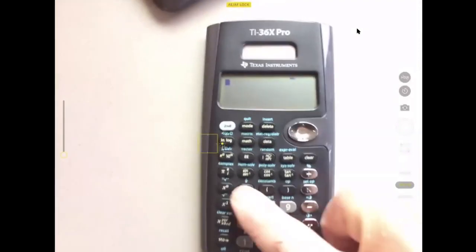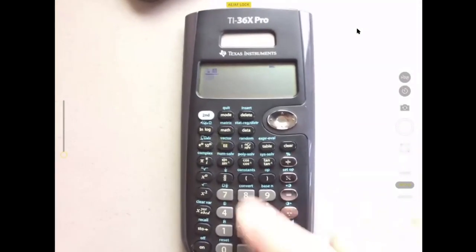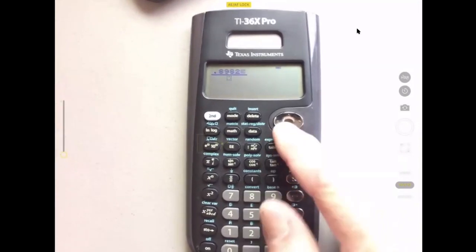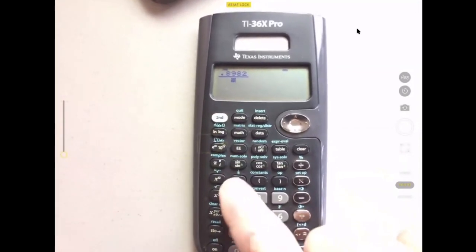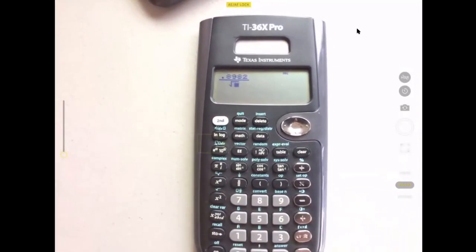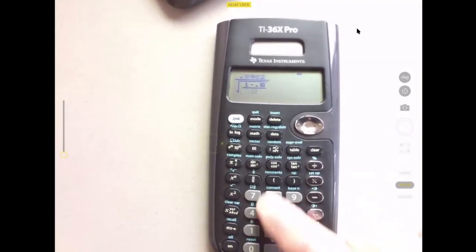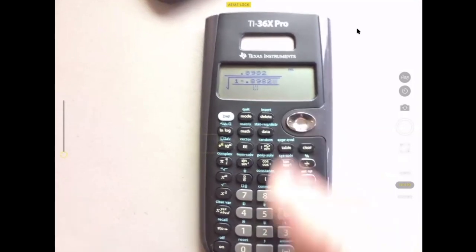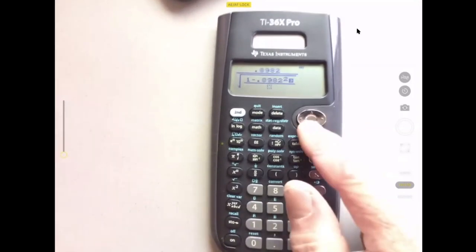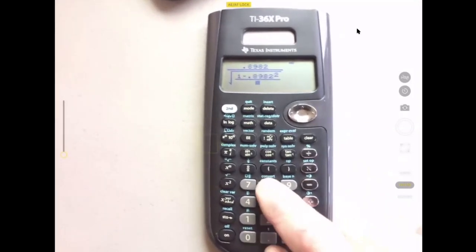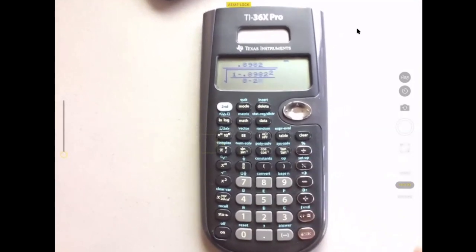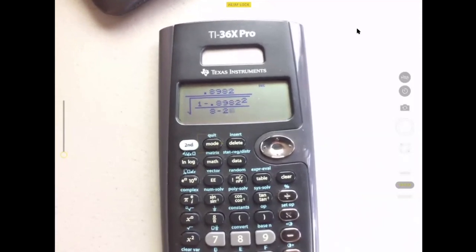Okay, so a fraction, 0.8982 on top, square root, on bottom with a fraction, 1 minus 0.8982 squared over n minus 2, so it's 8 minus 2, which is 6, of course.